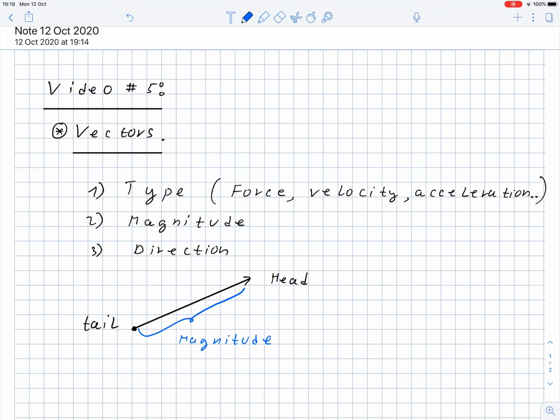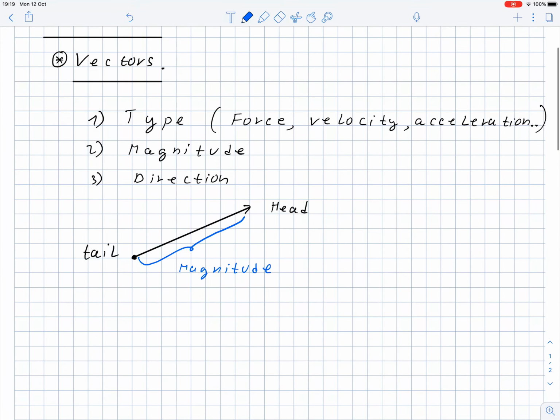The direction of a vector is from tail to its head, from this point, which is the tail, to this point, which is the head. This is the direction of some given vector, for example force, velocity, or acceleration.